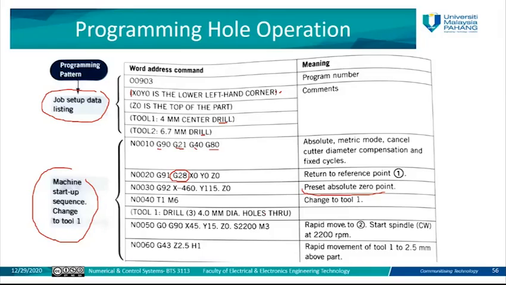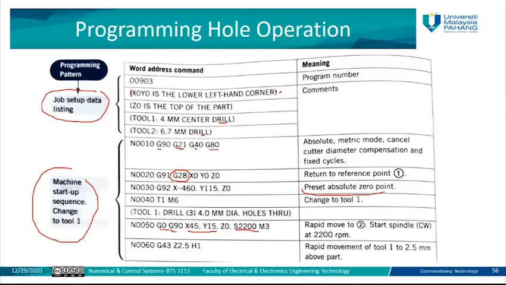Then it will rapid move to point number 2 and start the spindle clockwise at speed. This is the speed of the spindle. This is the coordinates for point number 2, and here we are using absolute coordinates, and G0 means fast move or rapid move. That means the spindle will move to this place without conducting any operation or task.